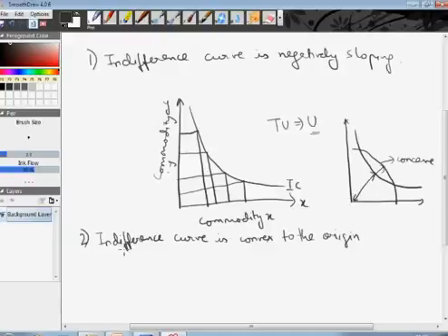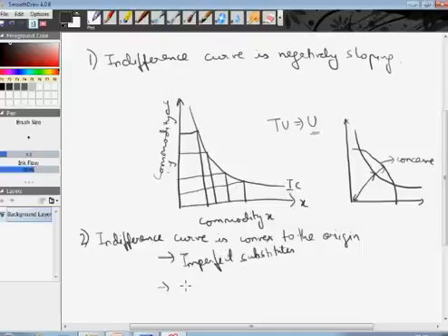This is because of two reasons. First one is because the two commodities which are used to give the same level of satisfaction are imperfect substitutes for one another. Means if we are increasing one unit of a commodity, we are not decreasing the other commodity by 1 unit.